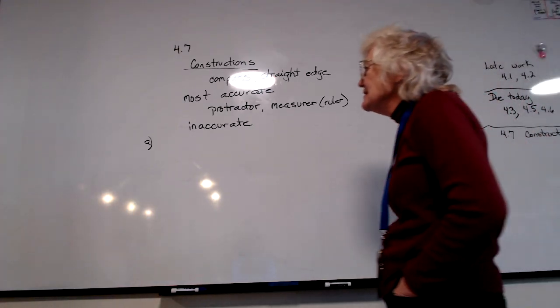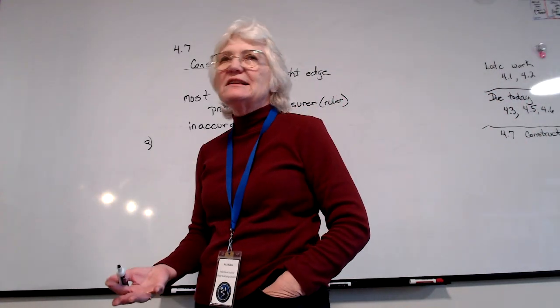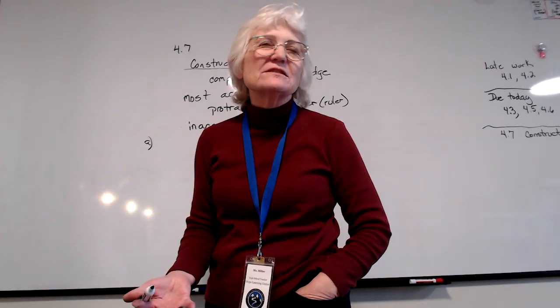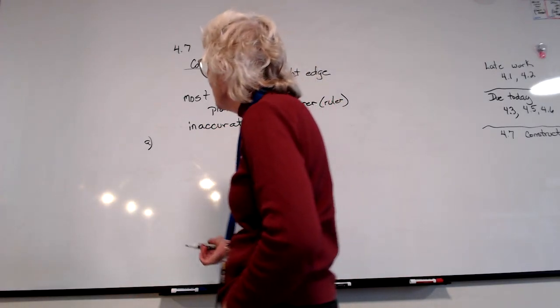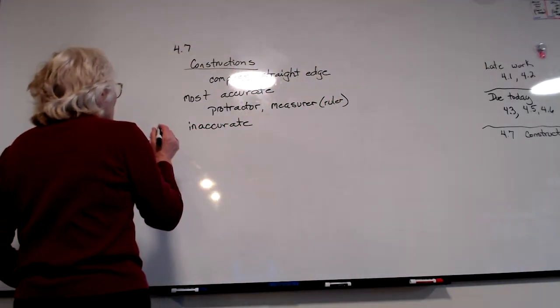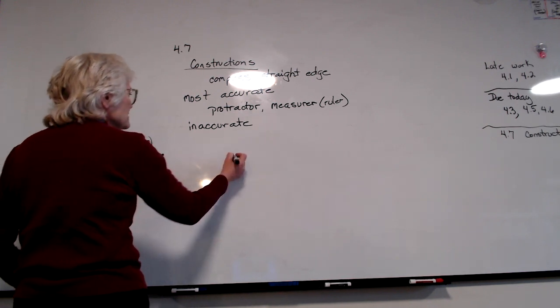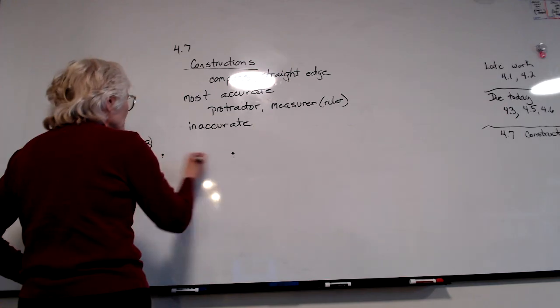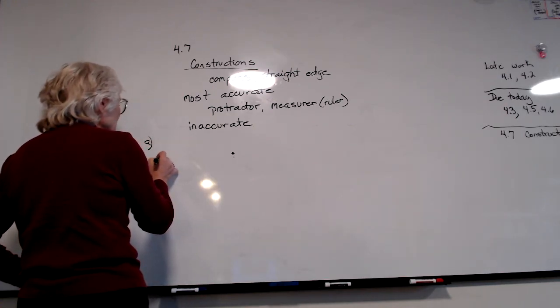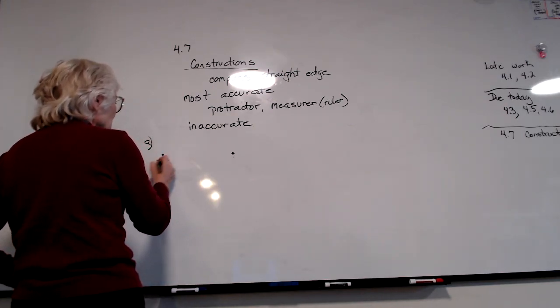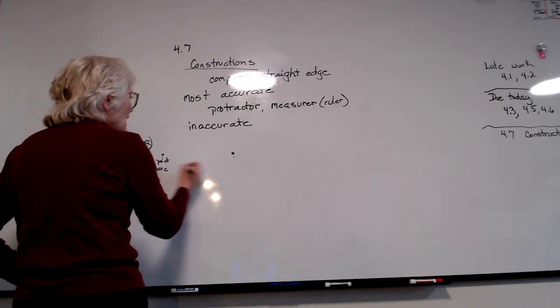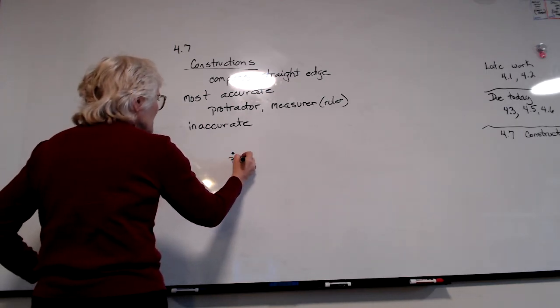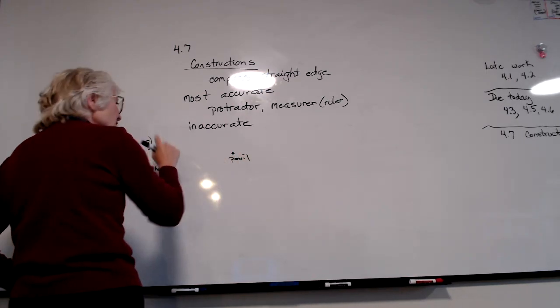Okay, when you're bisecting a line segment, we've already done this. You should already have it, so we've known how to do it, but I'll just review it. So if you have a line segment, you take your protractor and you put the point here and the pencil here to measure that distance.